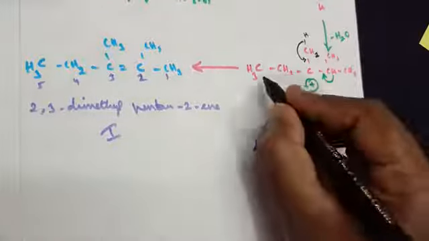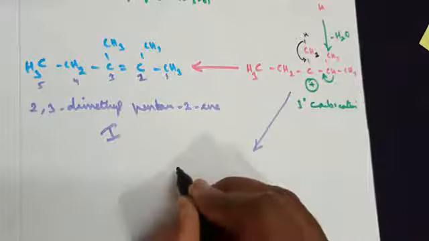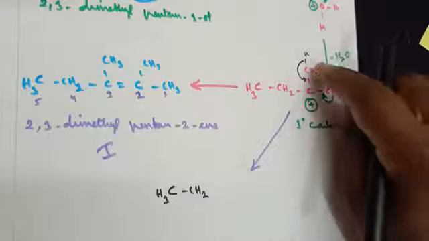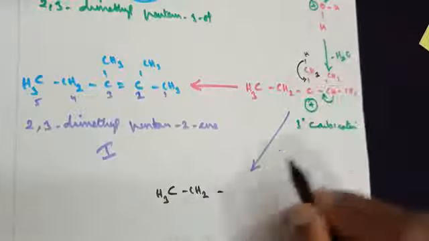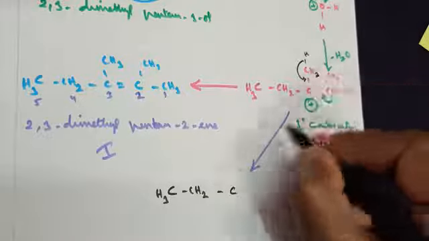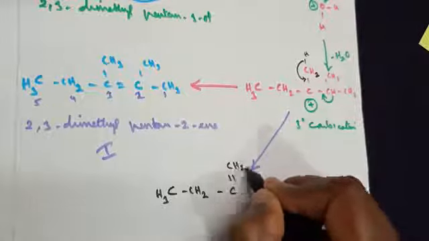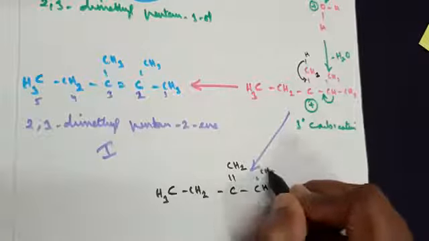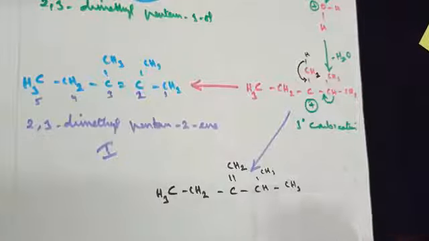Up to this step will be the same. So you will get a CH3, CH2. Remember, this carbon bond is losing here, so you get a carbon. If this one is coming back, you will get a CH2 here. And it will remain as it is, CH with the methyl substitution and CH3.